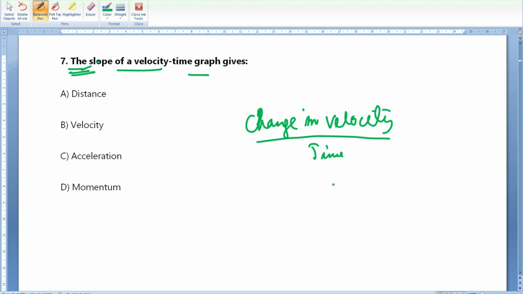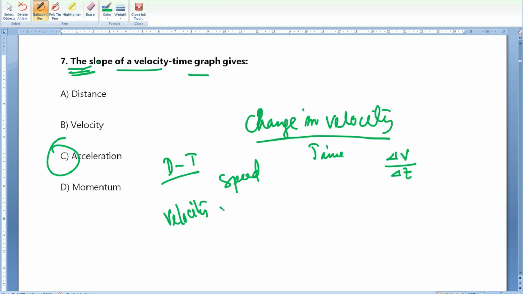The slope of the graph is change in velocity by change in time. Therefore, slope is equal to acceleration. In a distance time graph the slope is speed, and in a velocity time graph it is acceleration.